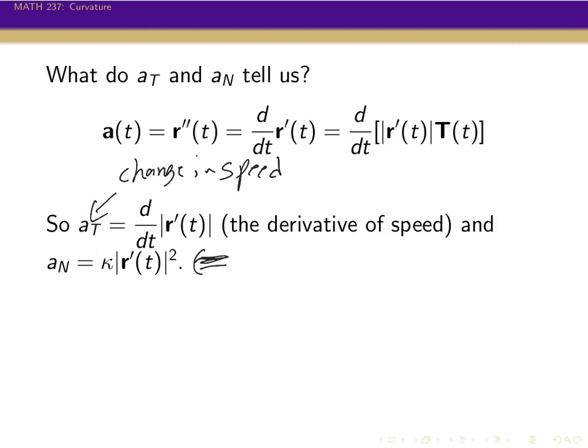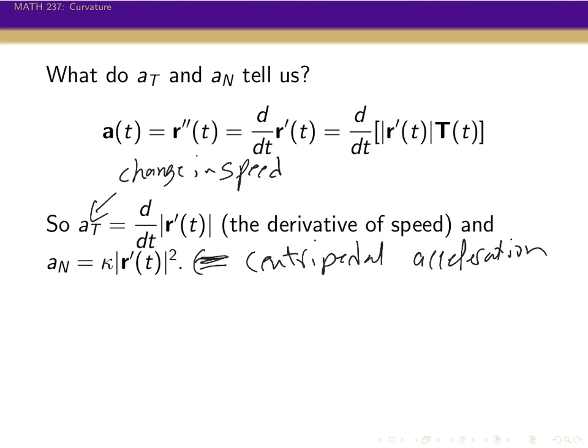So remember, kappa is the reciprocal of the radius of the circle, times the speed. And so really what this is talking about is the centripetal acceleration. So a_T is talking about your linear acceleration or deceleration.